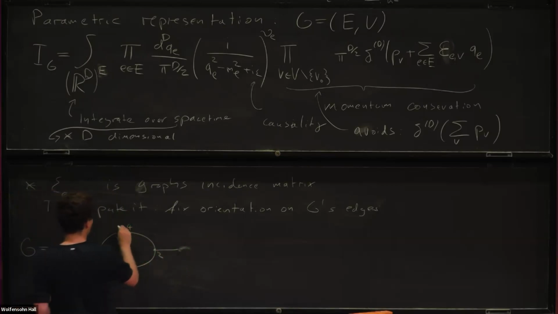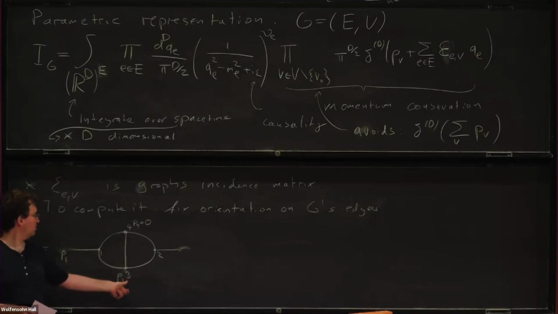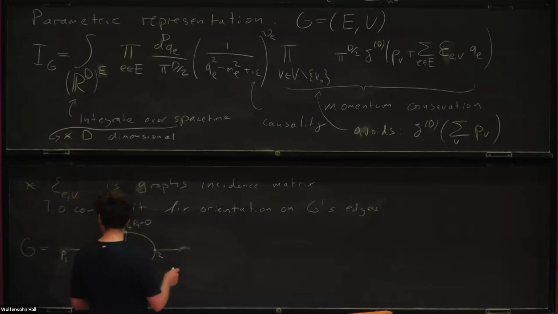So in principle, we could also write P3 and P4 here, but we agree that because we didn't write a leg, this momentum that flows into this vertex, P3 and P4, is just zero. So it's not squared zero, but it's 0, 0. And here we have some non-zero momentum inflowing.